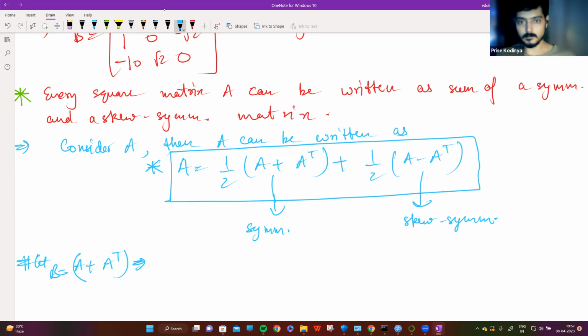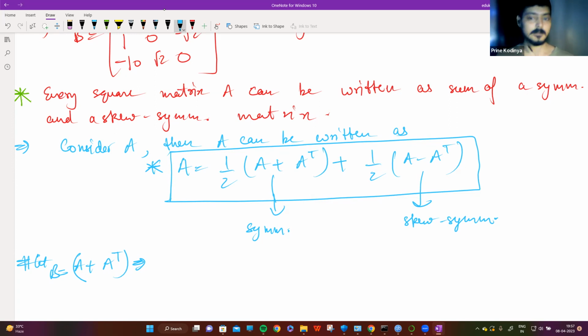I told you when we were checking the examples of symmetric and skew symmetric matrices that to check a symmetric or skew symmetric matrix, we have to take the transpose of that matrix and then compare with the original matrix. If the transpose and the original matrix are the same, then it's symmetric. If they are negatives of each other, then it's skew symmetric. And if it doesn't follow either of the two conditions, then it's neither symmetric nor skew symmetric, right?